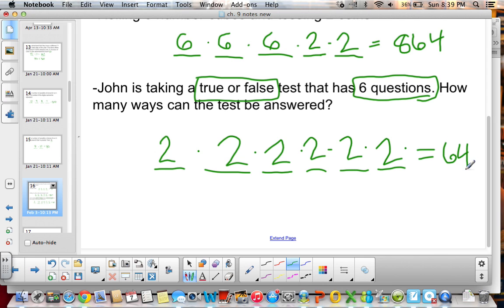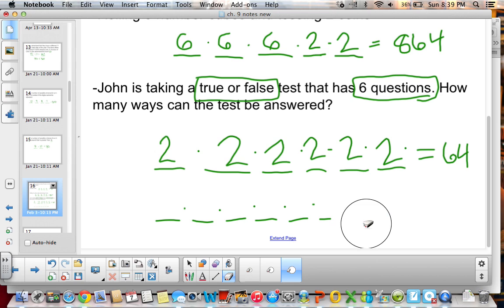If the test was a multiple choice test, and we still had 6 questions, think about what you would put in these blanks instead. Oh, and I can't really count because I left 7 blanks instead of 6.